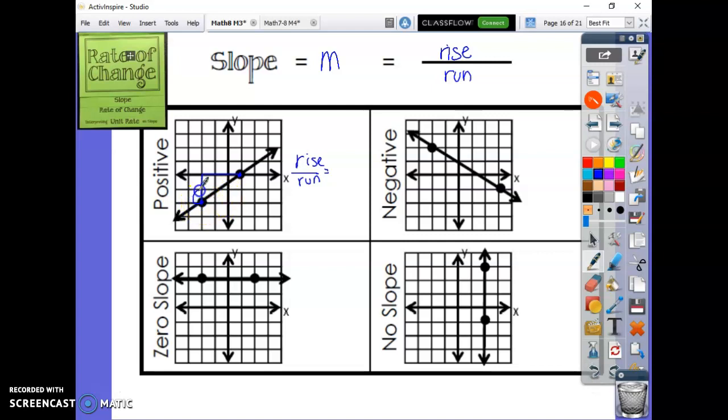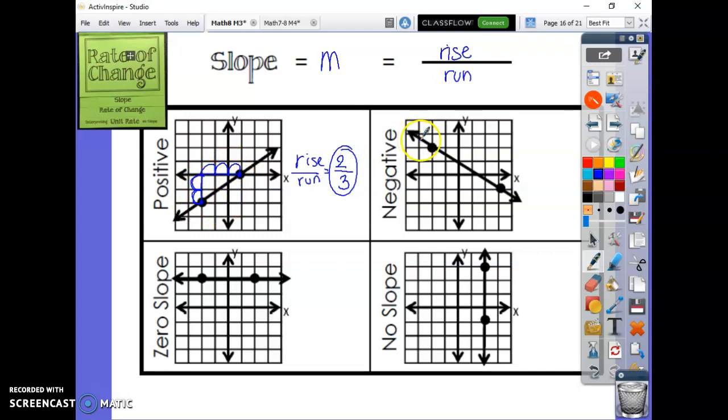We go 2 units up, so our rise is 2 units, and our run is how far we go side to side. We go 1, 2, and 3 units to the right, so that's a positive 3. So our slope for this line is 2 over 3.